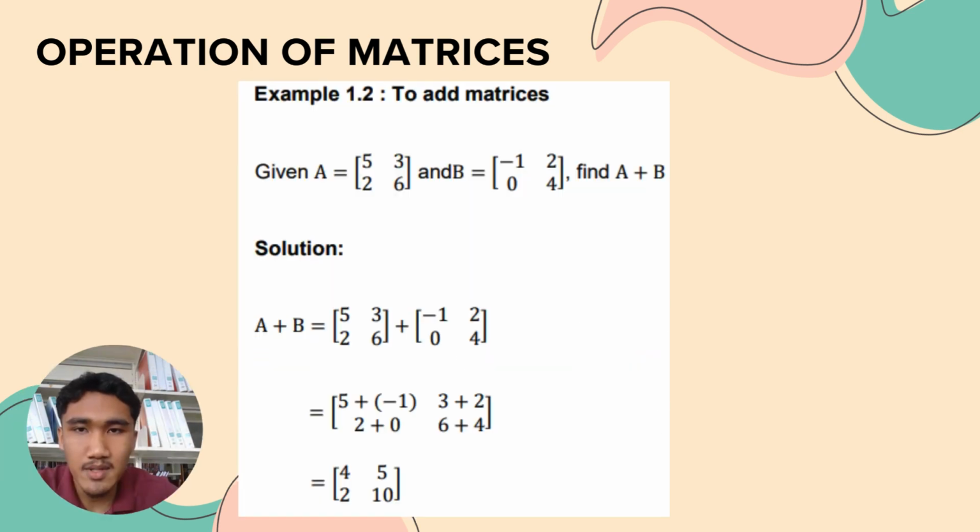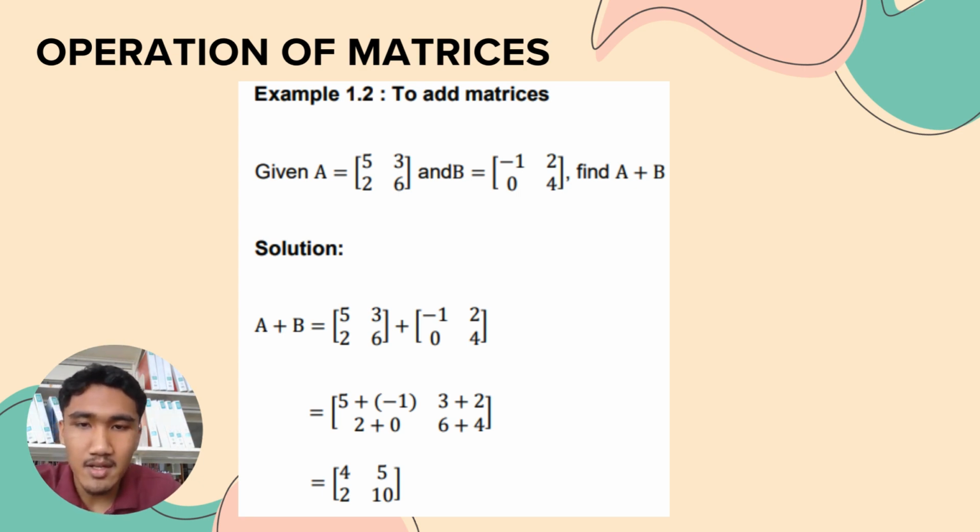Okay, for example, given matrix A equals 5, 3, 2, 6 and matrix B equals -1, 2, 0, 4. Find A plus B. Okay, the solution is A plus B equals 5, 3, 2, 6 plus -1, 2, 0, 4.